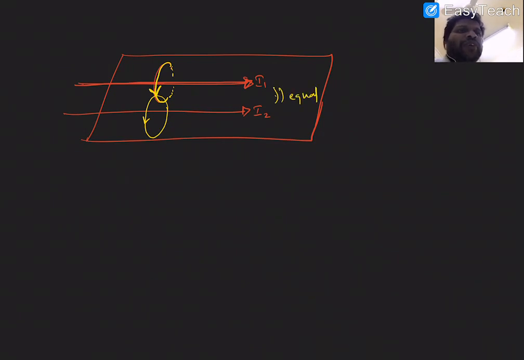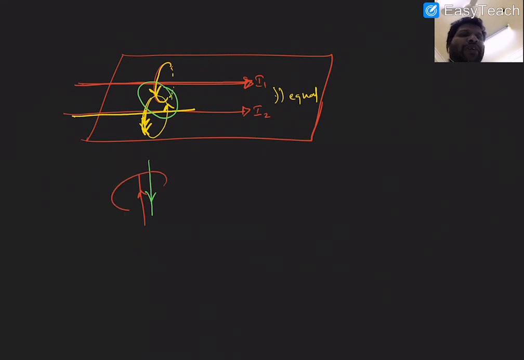If you are viewing from the side, you can see that this is going down and this is going up. If you focus on this region, one field is going down and the other field is going up.